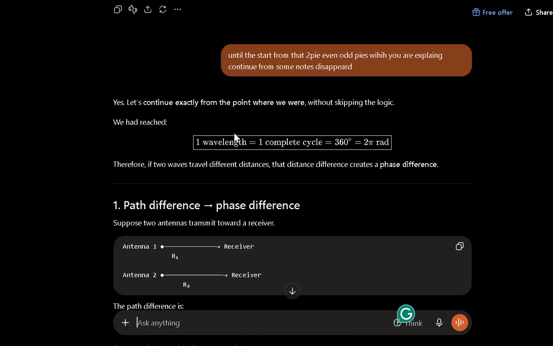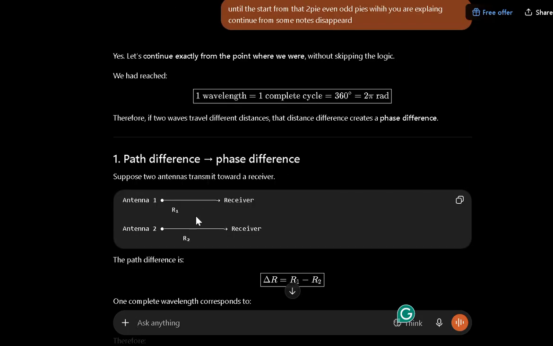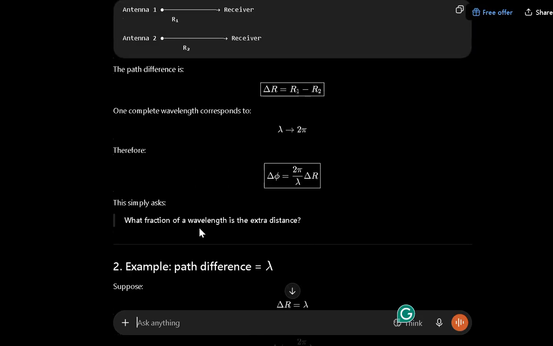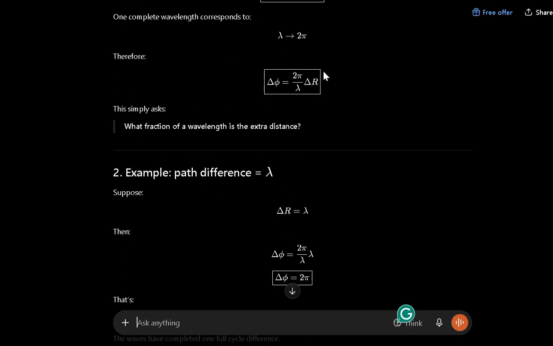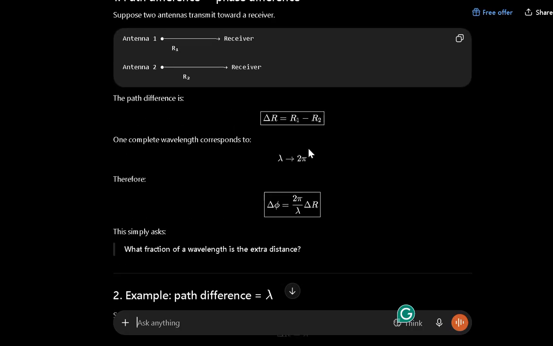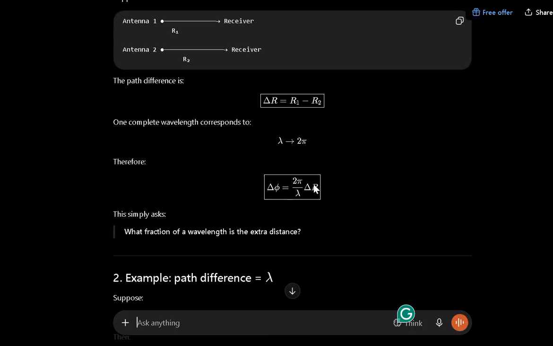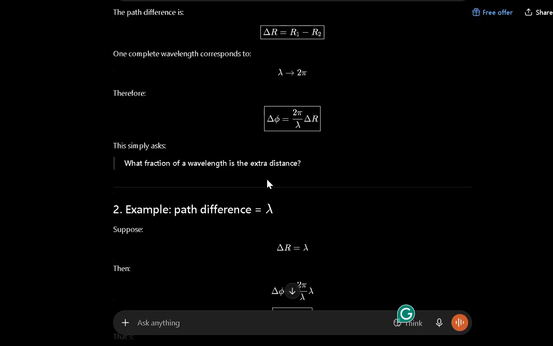So on a complete cycle, this includes the path difference. This is the path difference, the extra distance delta r.